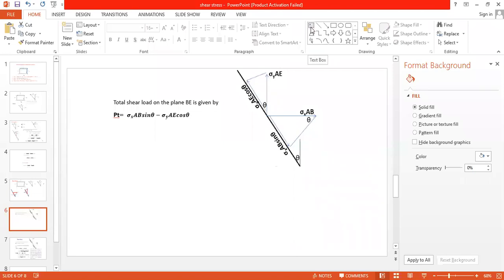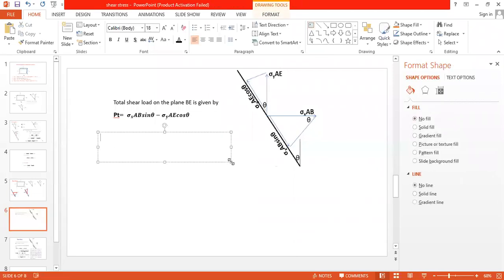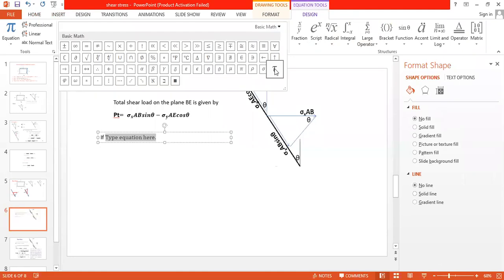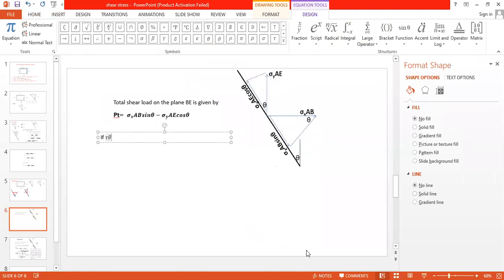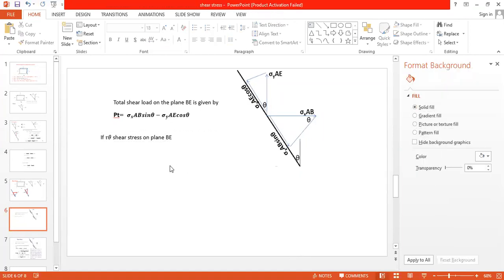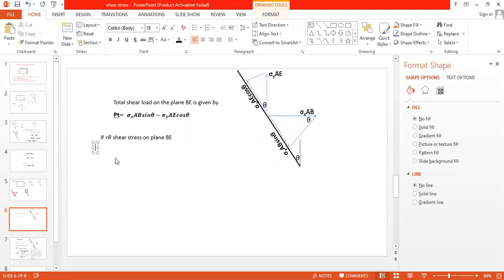Next, on the plane making an angle theta, same as the last case, tau theta is the shear stress on plane B. Now what is the shear force on B?